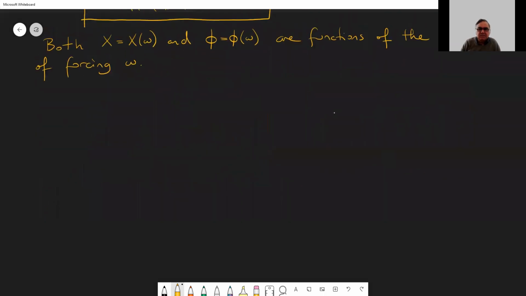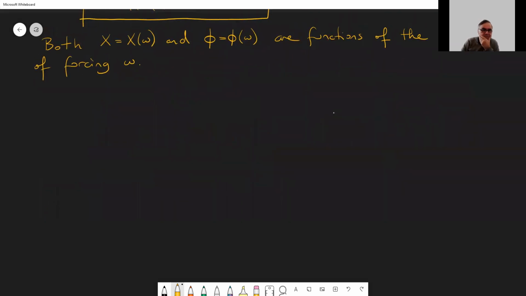Now I can plot this, but this plot is going to be rather poor if I plot it myself. So let me try to find it from somewhere and paste it here.